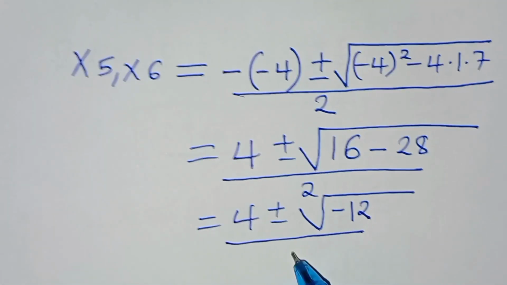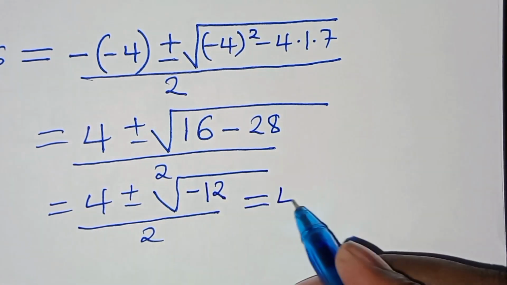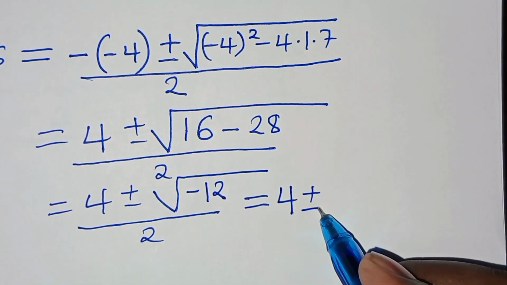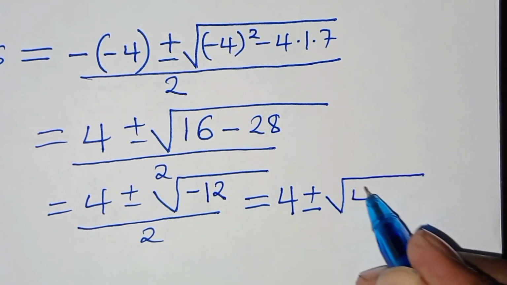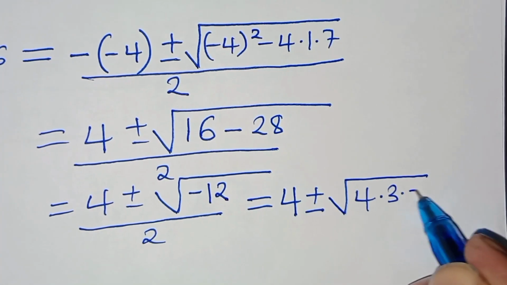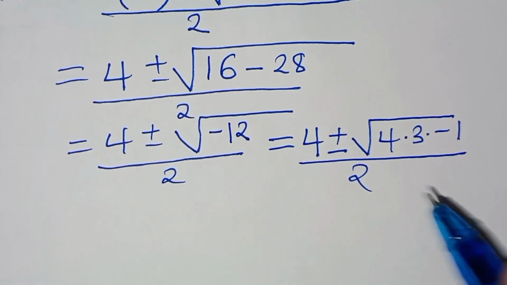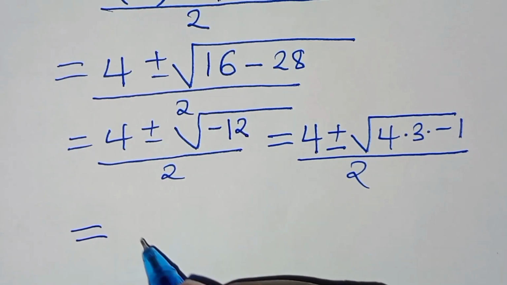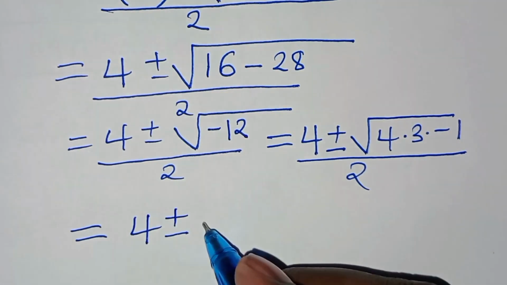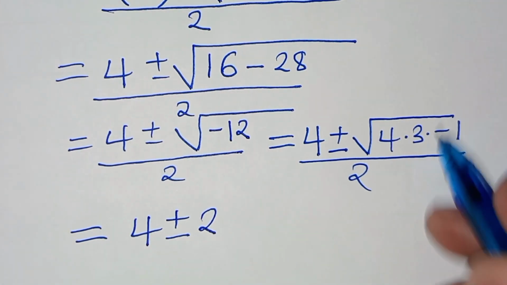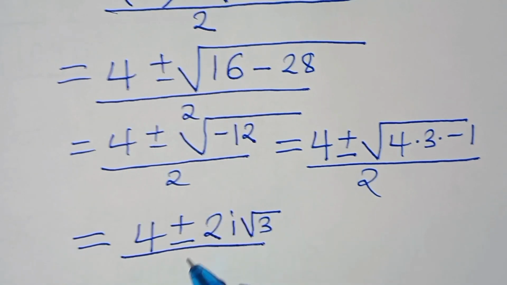So this implies that here we have 4 plus or minus, we can express the square root of minus 12 as 4 times 3 times minus 1, divided by 2. So that here we have 4 plus or minus the square root of 4, this is 2, the square root of minus 1, this is i, then square root of 3 divided by 2.